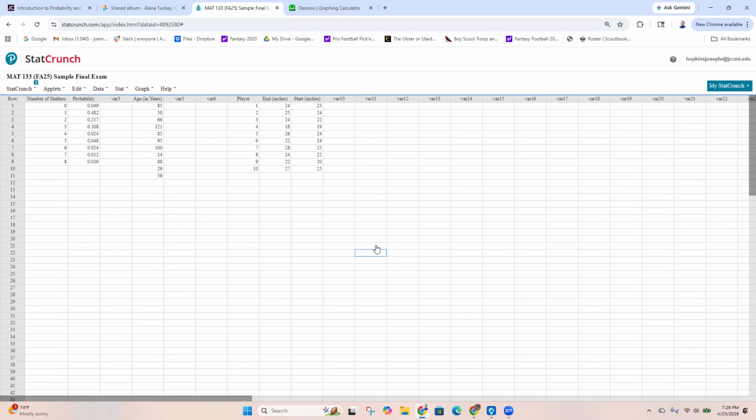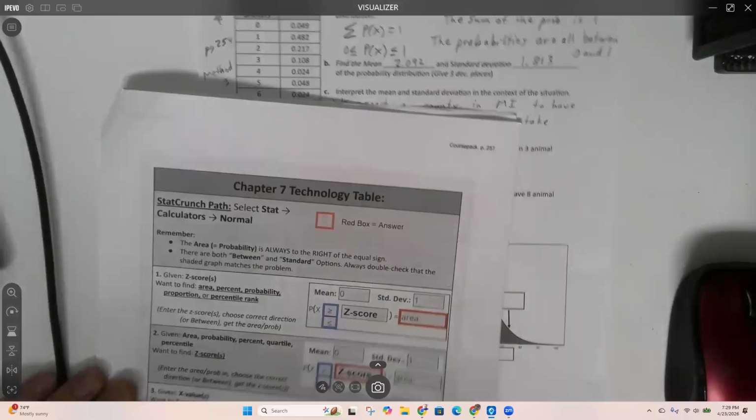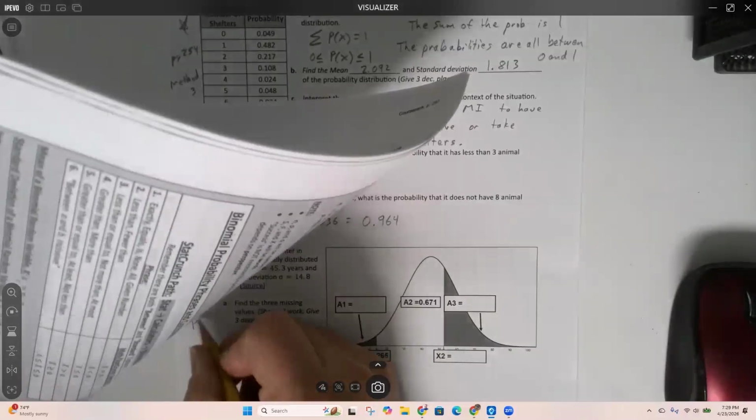Mike says stat calculator is normal. Yes, that's what I want. I want stat calculator is normal, which is on page 257.